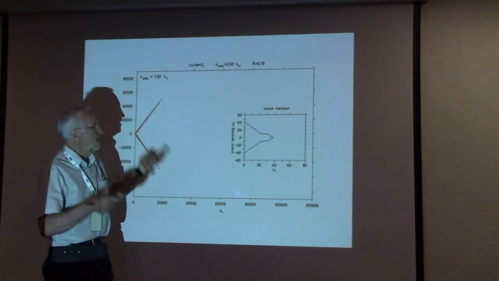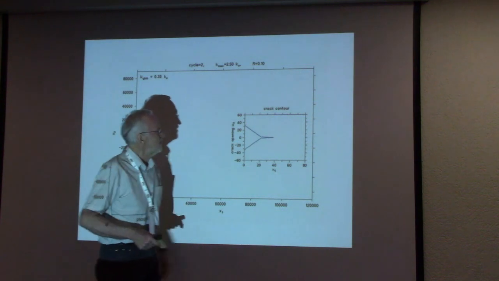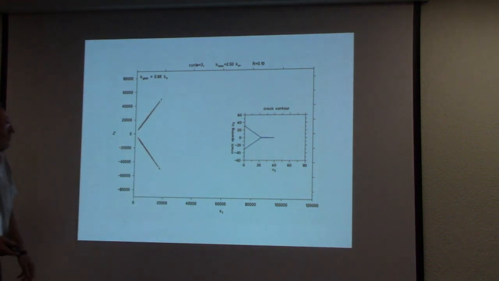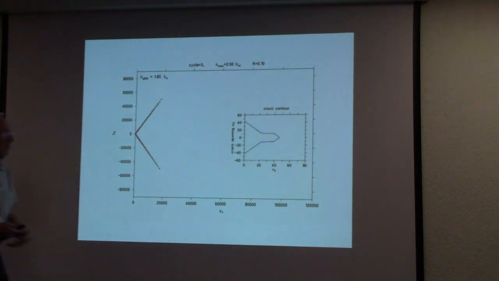If we assume that the surface cannot rewelt, the crack grows by this process, and it really shows that the crack growth behavior in the discrete dislocation simulation is very similar to what we physically observe.